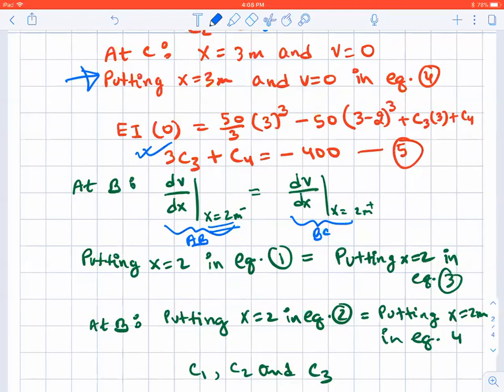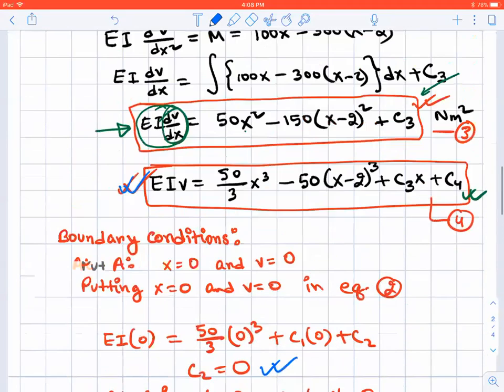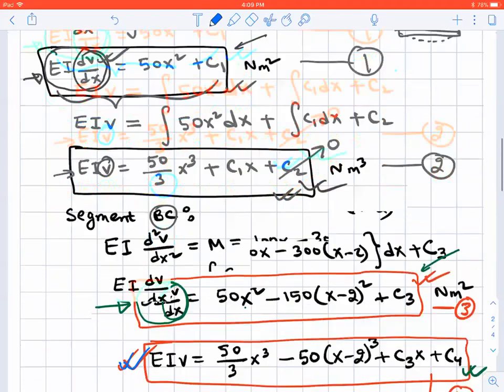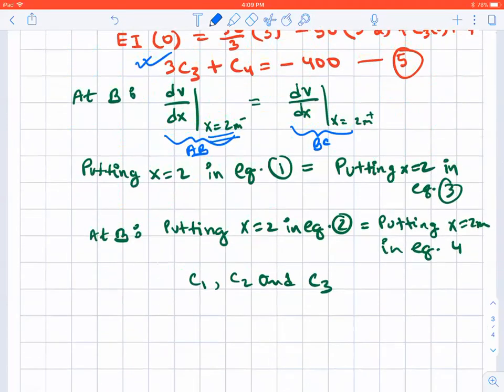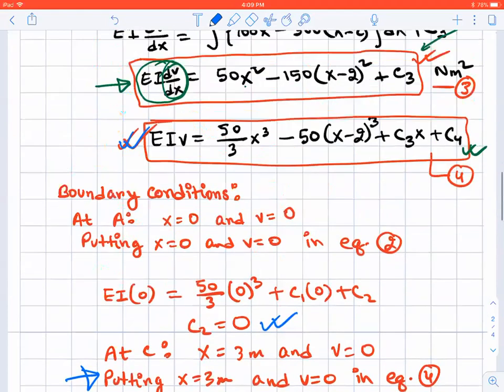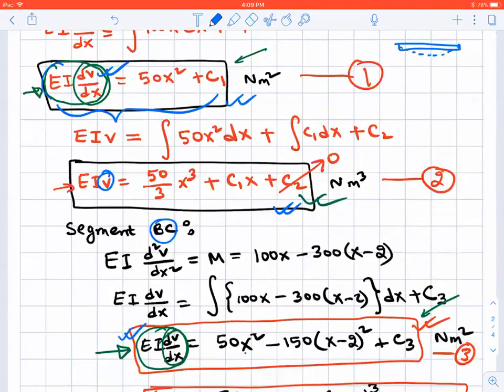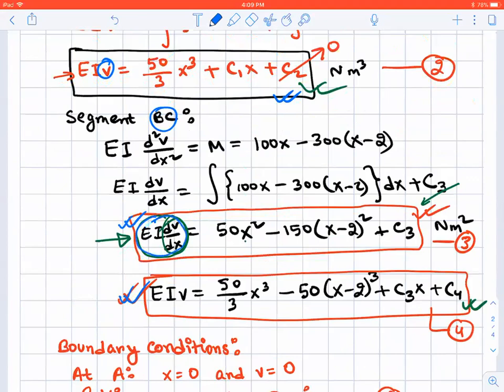So at B, this is my first equation, dv/dx is equal to 50x squared plus C1. So I'm going to say 50 times 2 squared plus C1 must be equal to my equation for the slope of segment BC with x equals 2, because EI dv/dx at x equal to 2 should be the same for the segment BC.